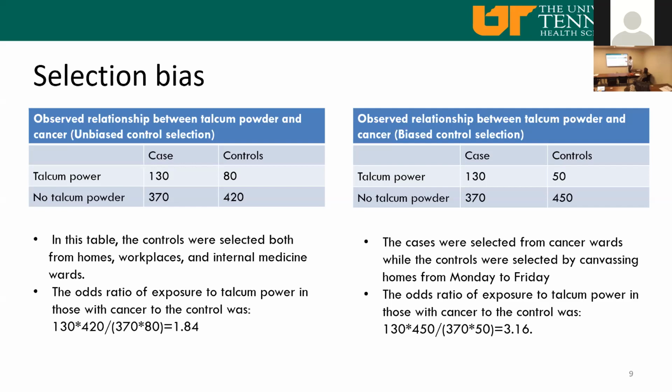But in the second case, there is a biased control selection. The cases were selected from cancer wards, while the controls were selected by canvassing homes from Monday to Friday. In the first case, controls were selected from workplaces, homes, and internal medicine wards. In the second case, they are selected only from homes during Monday to Friday.